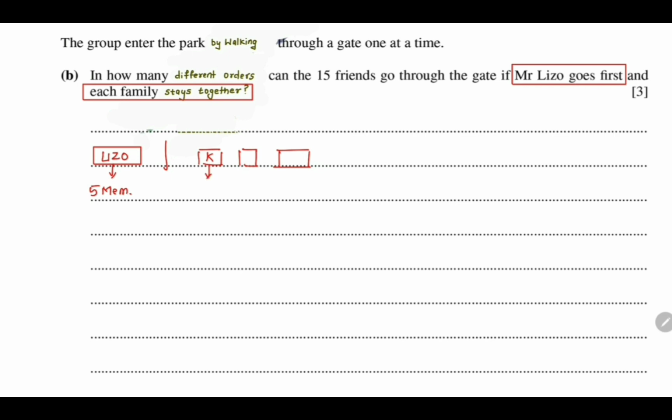So the Kenny family has 6 members, 4 children and 2, Mr. and Mrs. Kenny. Next is Martin. So 2 members in the family. One is Mrs. Martin and her child.